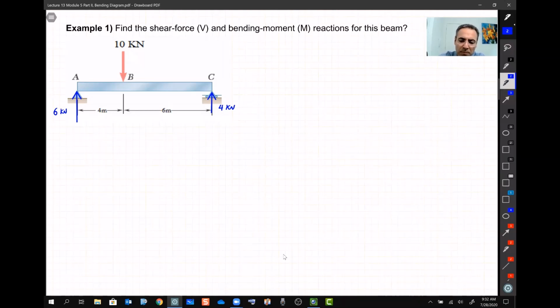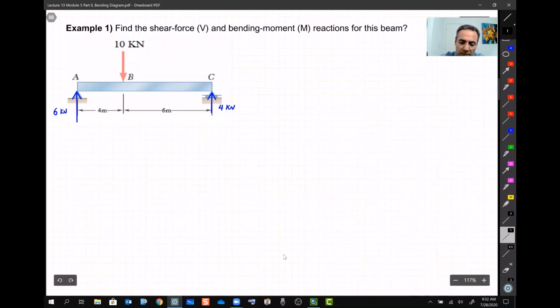Then we divide this beam into different regions. What do I mean by region? Well, we start from the left side always, and we draw a line like that one. Yeah, we start from left.